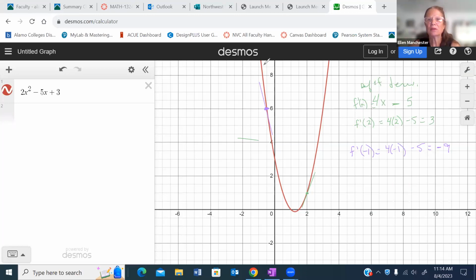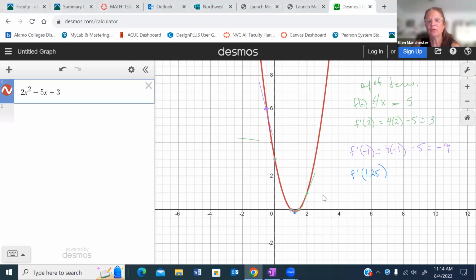Let me change my color. What's going on like right here at about 1 1/4, right? What would the slope be here at 1 1/4? Well, I can figure that out, and I'm guessing it's 1 1/4. If I put the cursor on here, it'll tell me exactly what it is.